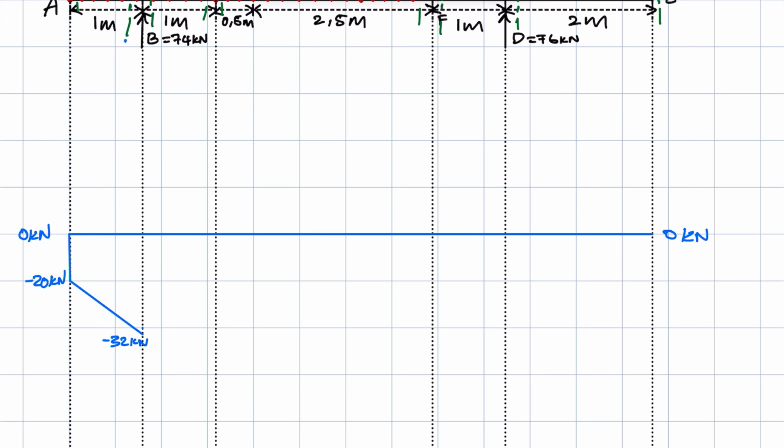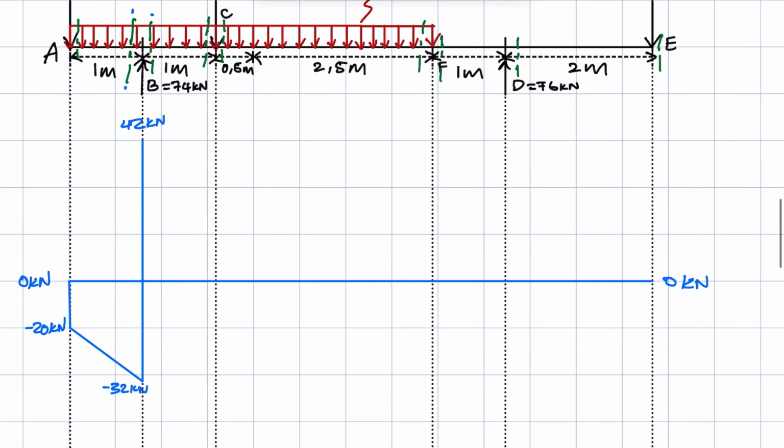So we move from here to somewhere there. And here you have the 42 kilonewtons. Those are all forces to consider on the left of the section we just completed.